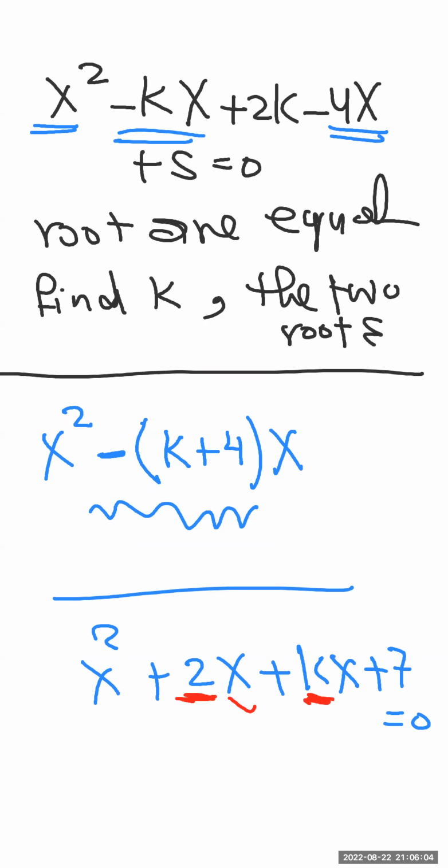Both of them are with x, so the coefficient is not 2 only and also not k only. Then x is a common factor, and between two brackets 2 plus k, correct? We did the same in the question: here negative k, negative 4. So x is a common factor, and the remaining two coefficients will be k plus 4, and the negative will be outside the brackets. Correct?